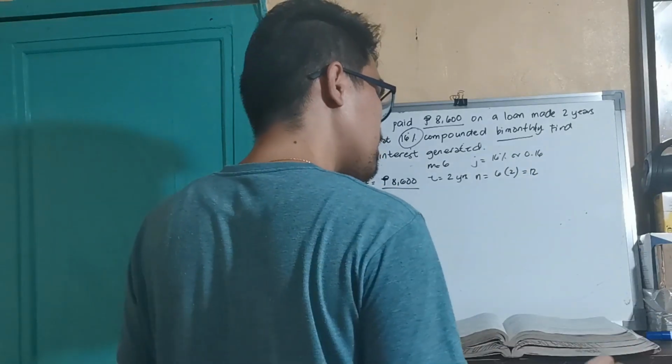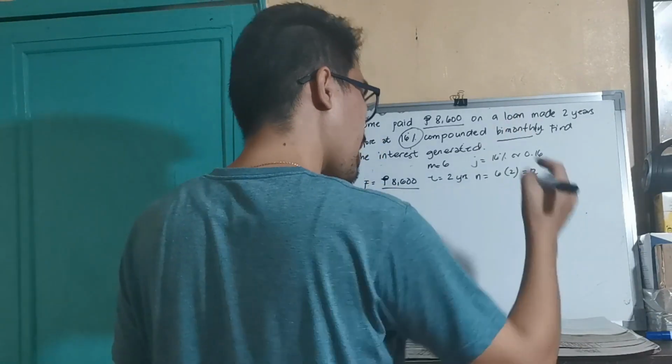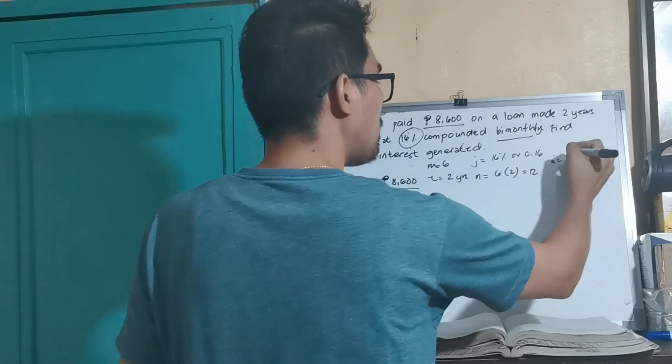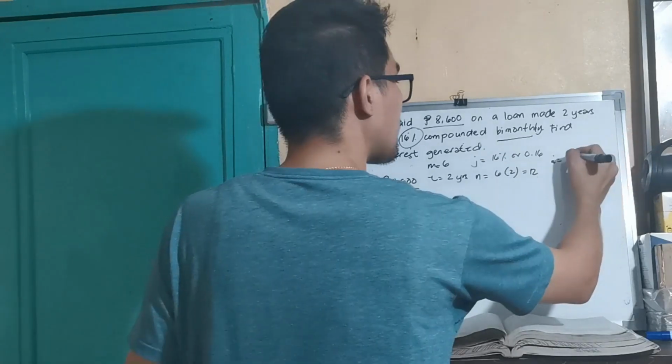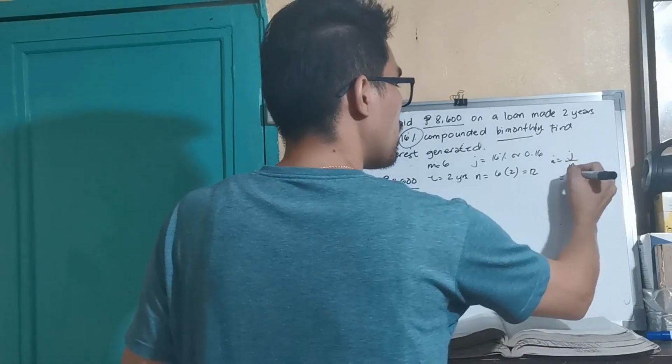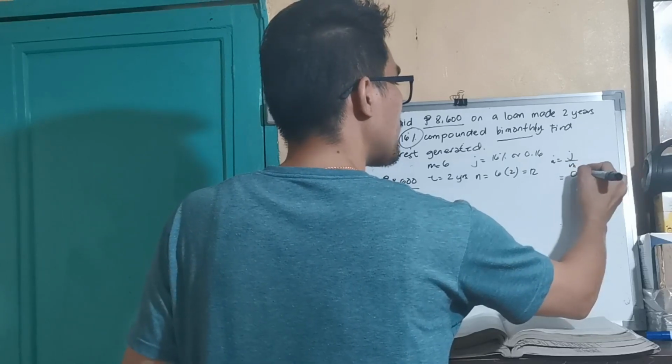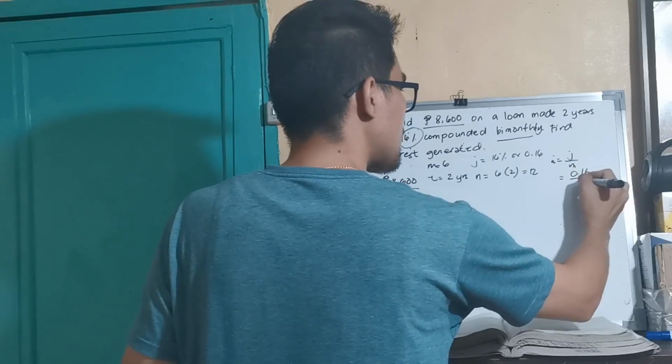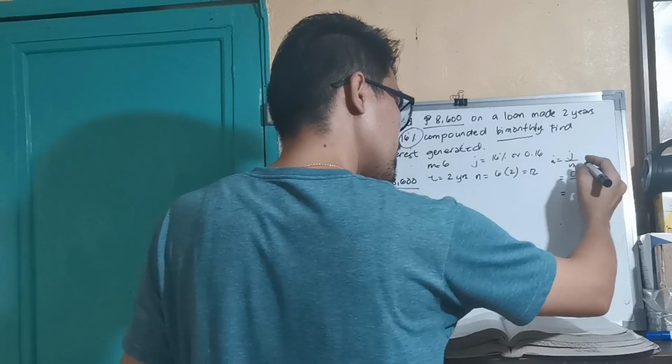And then our i, the periodic interest rate, is j over m, which is 0.16 divided by 6.